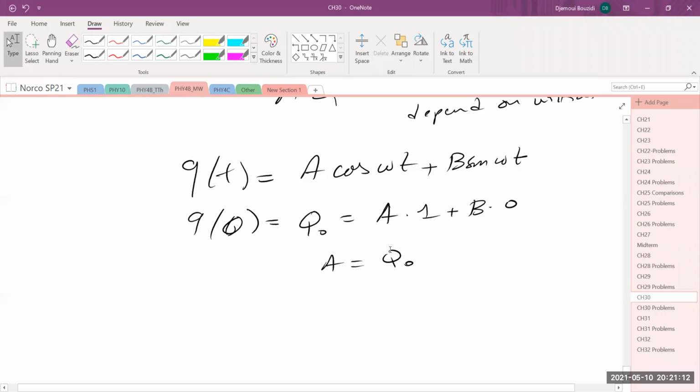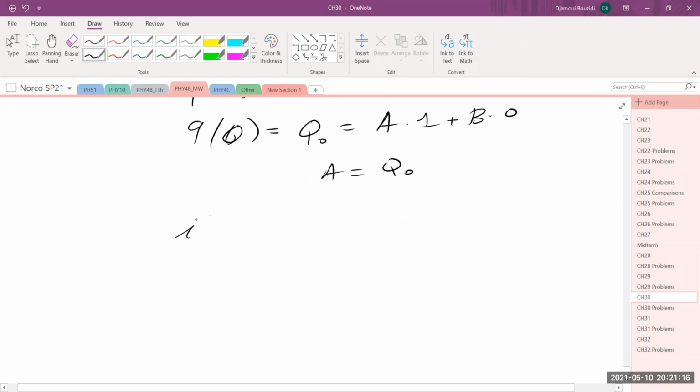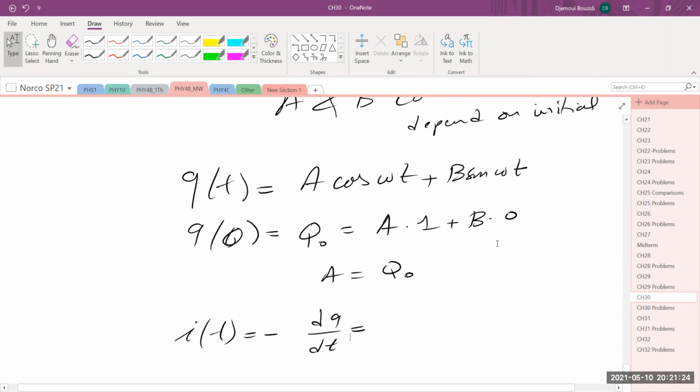I need to also find the derivative of this because that's the current, I, which is minus dq over dt, by the way, in this case, because it's a discharge. So again, I have a minus A times omega times minus, so it's going to be a plus omega times A times sine of omega t minus B omega cosine of omega t.